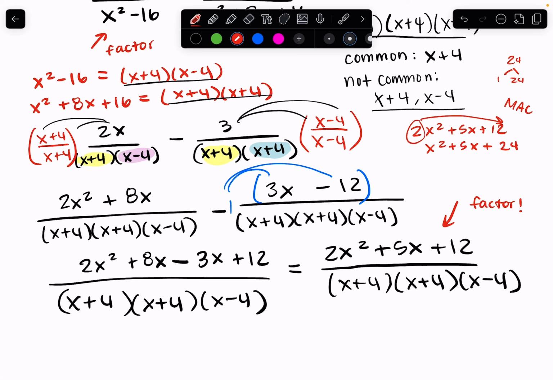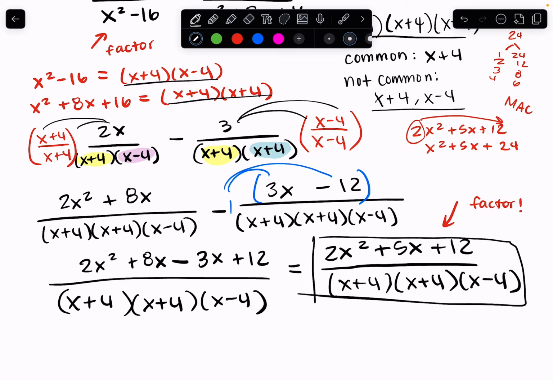We got 1 and 24, 2 and 12, 3 and 8, 4 and 6. None of them give you a 5. That is a plus. Yep. Can't do anything to it. So this is your final answer for this one.